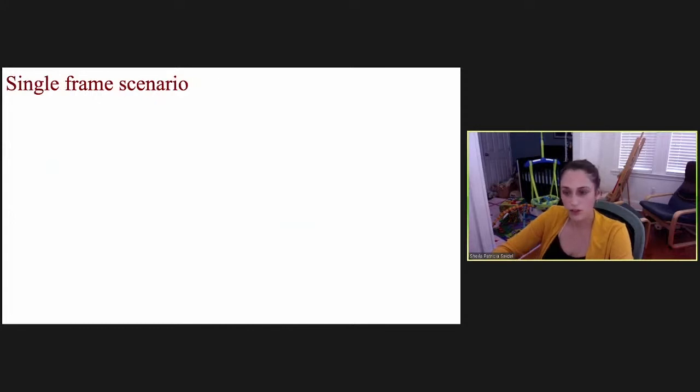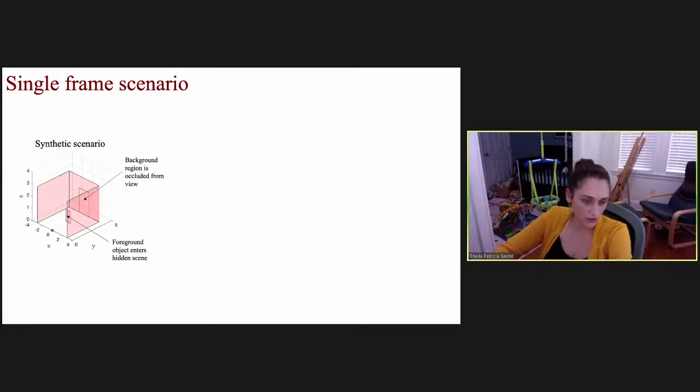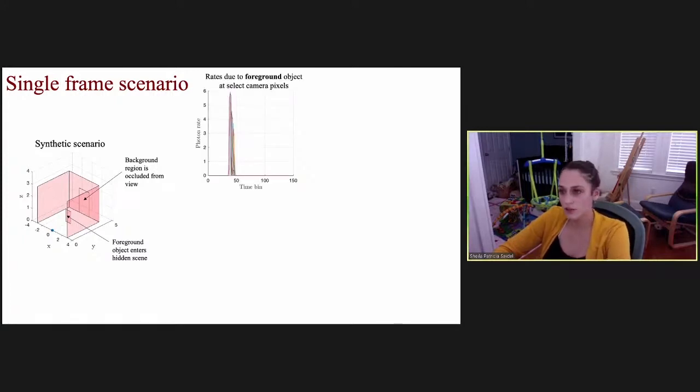So I'm going to show a very early proof of concept here. Here's our synthetic scenario for one frame. We've got the walls in the background, and this foreground object has just entered, blocking this region in the background. And we're going to try to reconstruct both the foreground and background regions. To give you a sense for the measurement rates that we can handle here, I'm showing the rates at a few different camera pixels due to that foreground object.